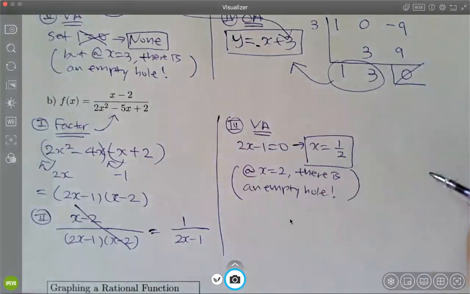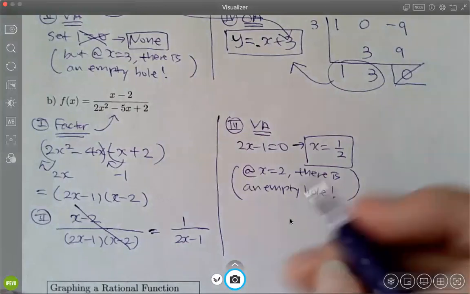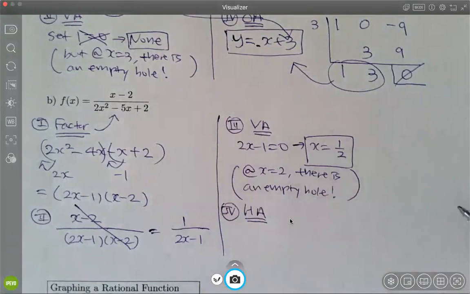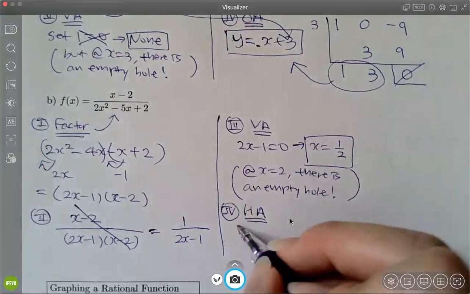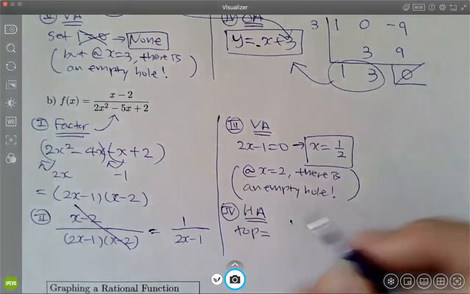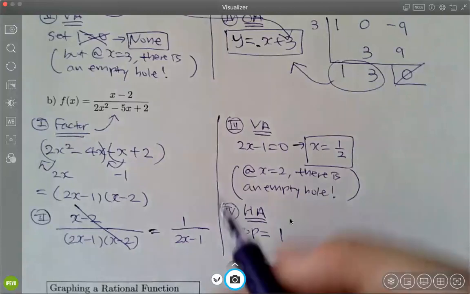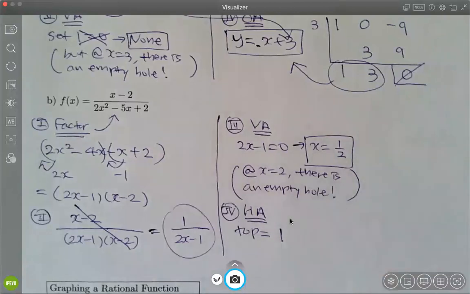And now, horizontal asymptote. So here you look at the degrees. What is the top degree? Maybe you can say 1, but if you look at this new function 1 over 2x minus 1, you can say the top degree is equal to 0.